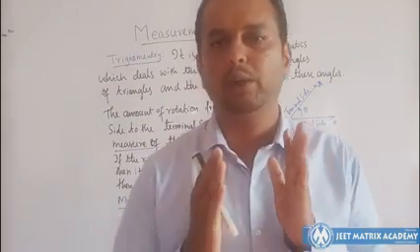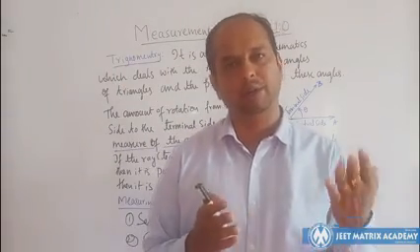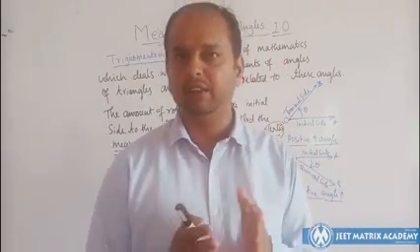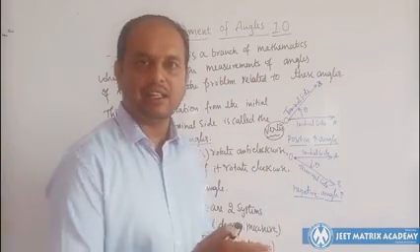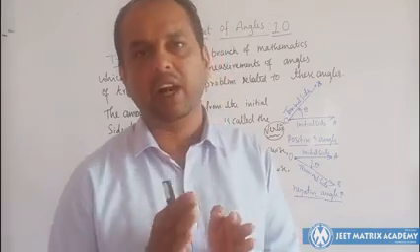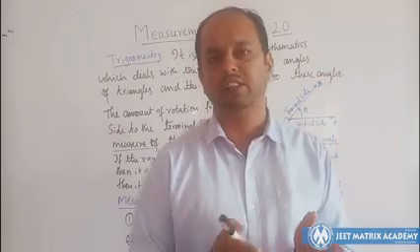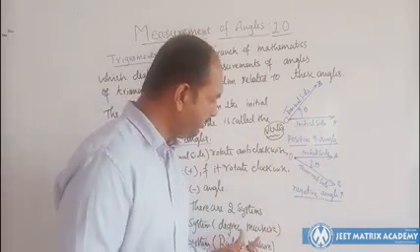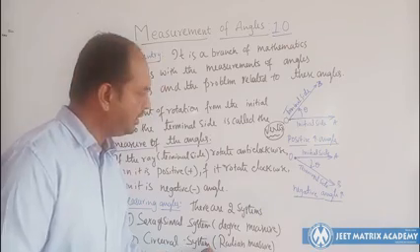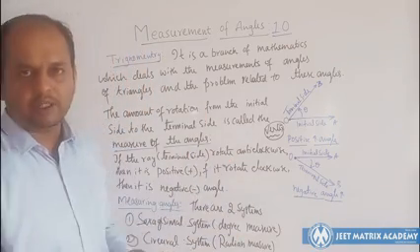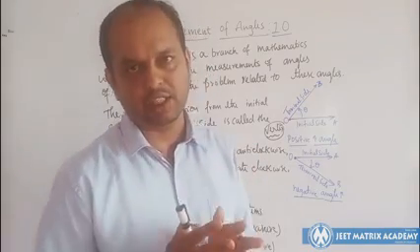Radians means it might be pi by 2, pi by 3 or pi; all are radian measures. These two methods we'll discuss in detail, and we'll see the relation and how we can convert one system to the other in the next class. It will give a very big understanding related to trigonometry, the conversion factor, and two more theorems you are supposed to study.